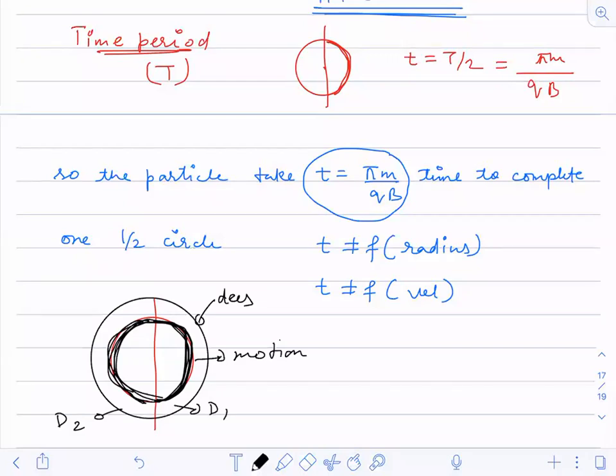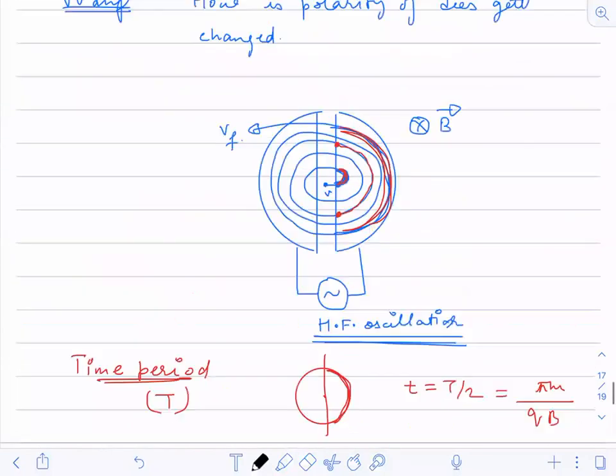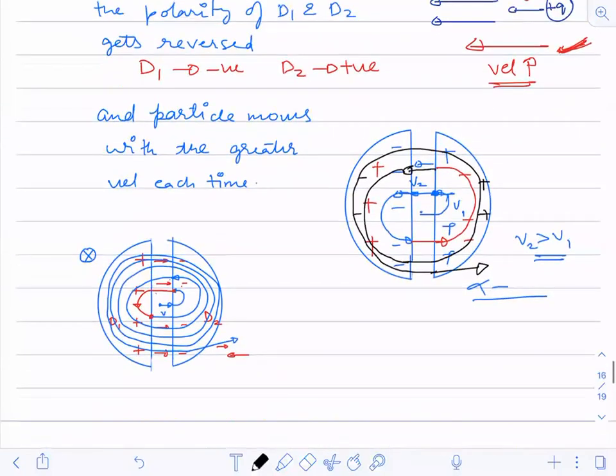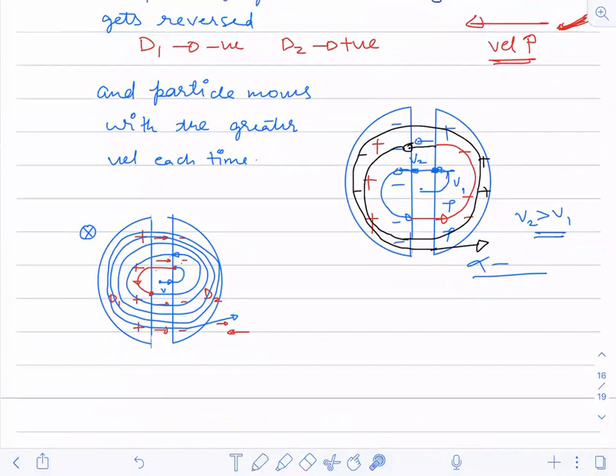Just see how. As the particle enters here, the polarity is the same up to here. Now again the polarity gets changed, and then you complete one motion. So there are two different polarities in one complete rotation.